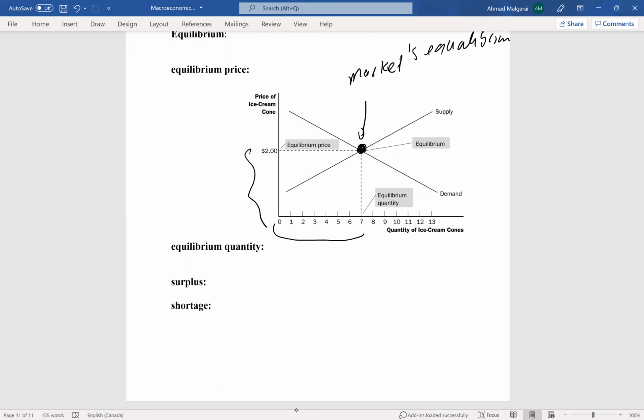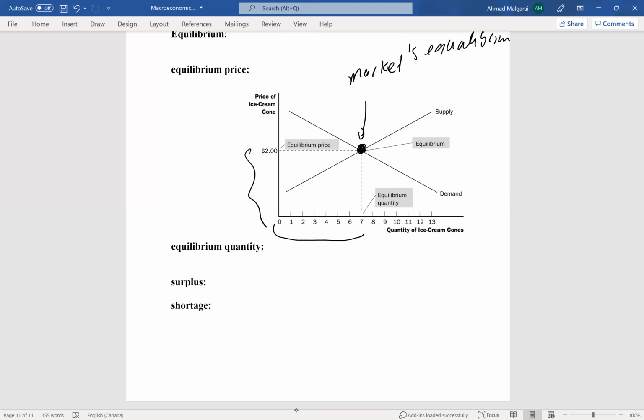So if the actual market price is higher than the equilibrium price, there will be a surplus of a good. What is a surplus?